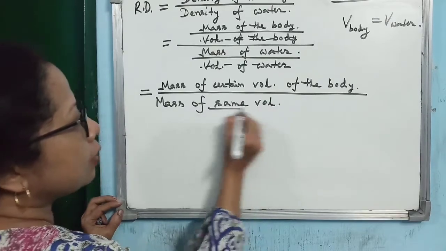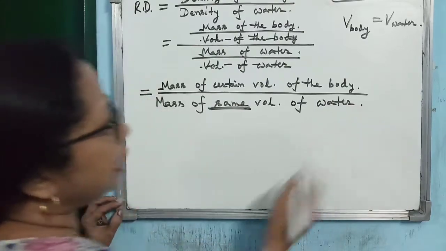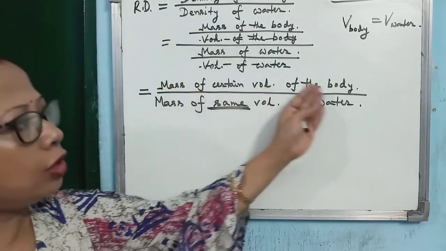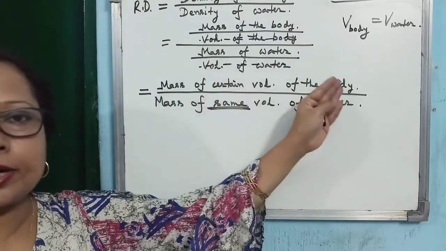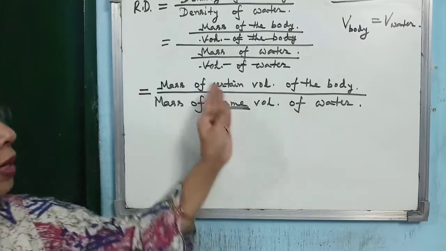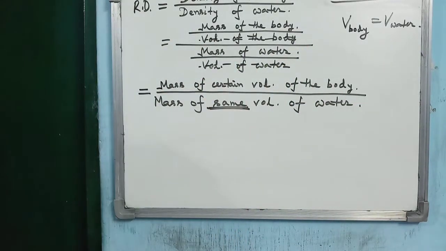Then you see volume is cancelled, only mass is there. Mass of certain volume of the body, whatever volume of the body you have taken, same volume of water you have taken. So volume is no longer existing here. Is that clear?